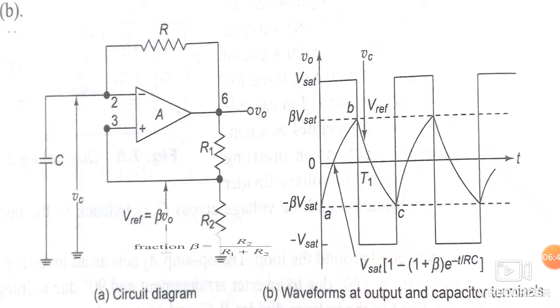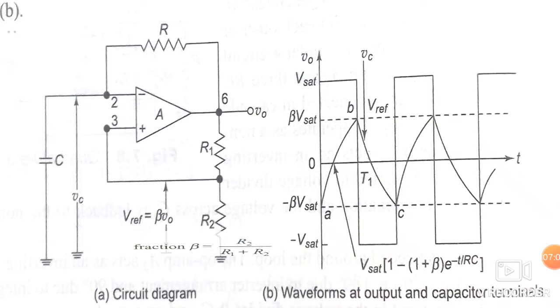It will come directly to minus Vsat from plus Vsat. This is the saturation voltage, the output of the operational amplifier, and this curve is the voltage across the capacitor.